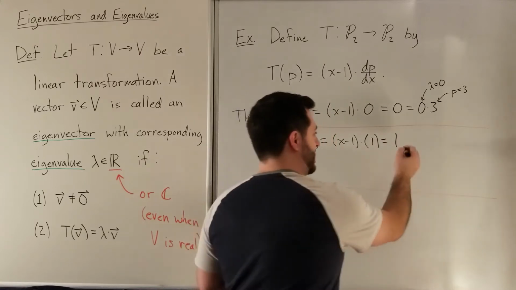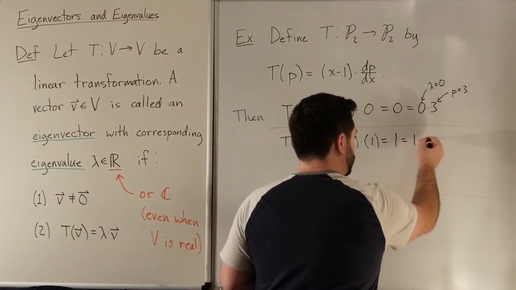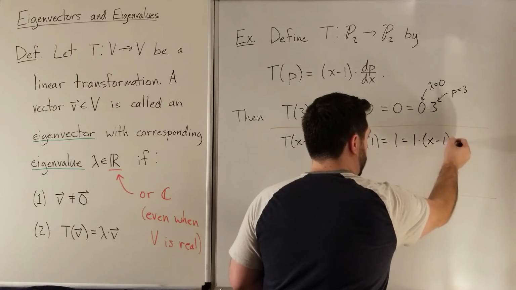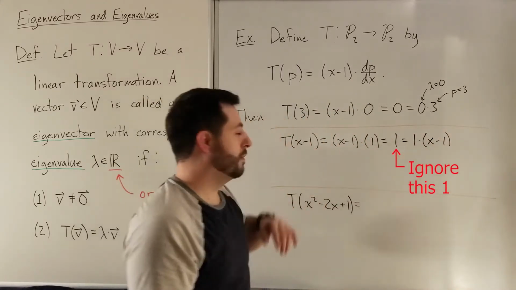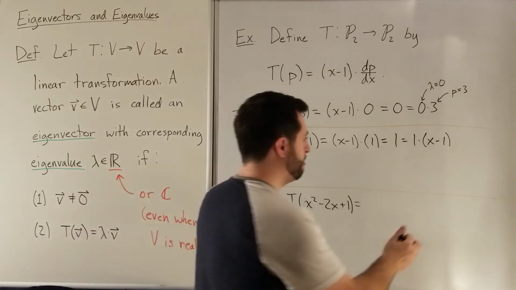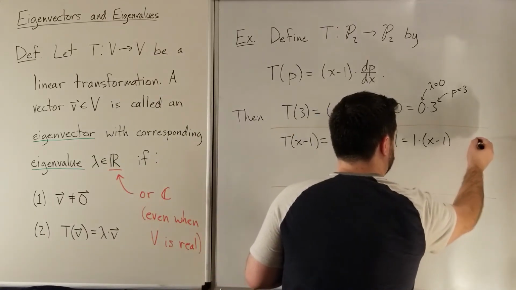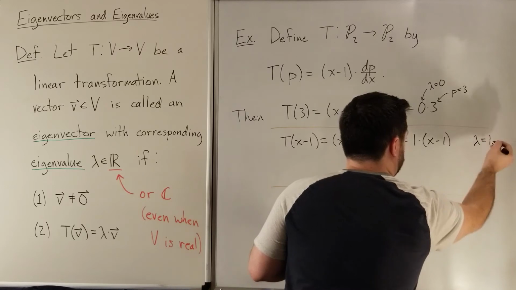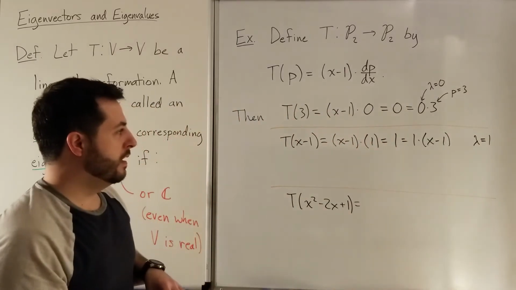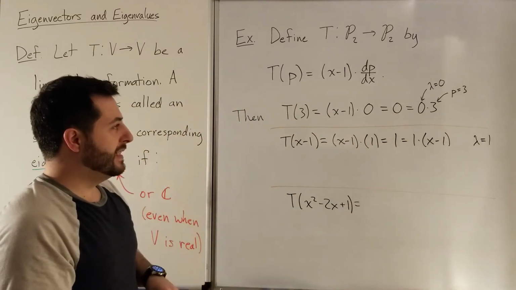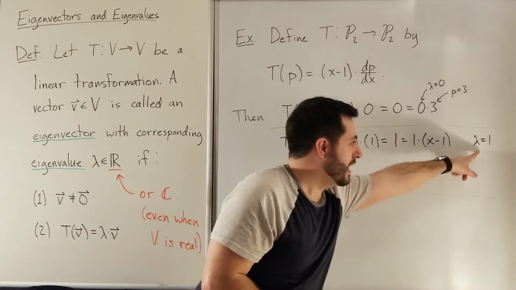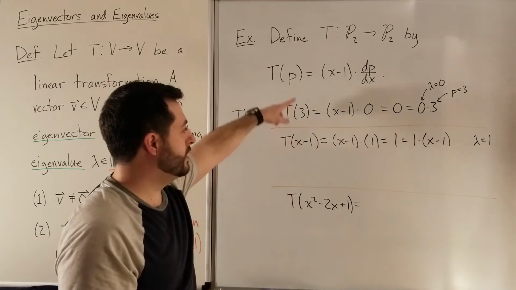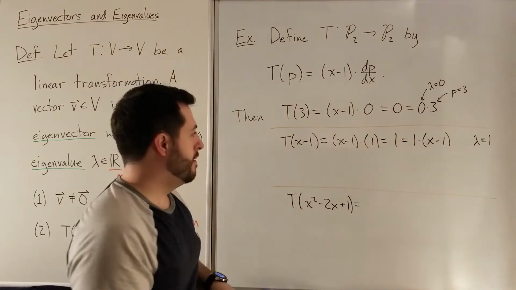But really I want to write this as 1 times x minus 1 anyway, because I want to think about this as a number times the original polynomial that we had. And so here we're getting a lambda value of 1. So this transformation T has an eigenvalue 0. It also has an eigenvalue 1 corresponding to different vectors.